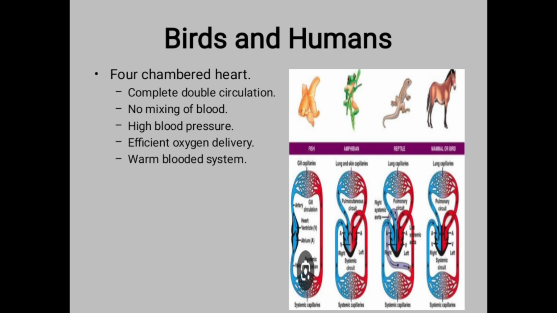Next is efficient oxygen delivery. It means that oxygen is delivered equally to all body parts. Next is the warm-blooded system. They are saying that these types of birds and animals are warm-blooded animals.